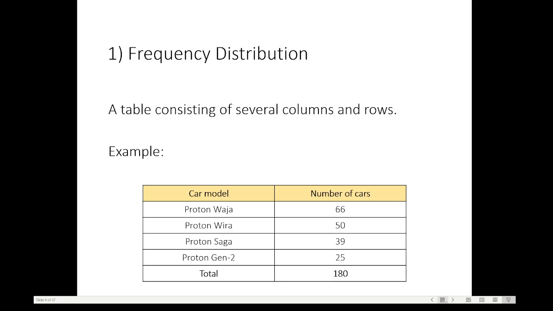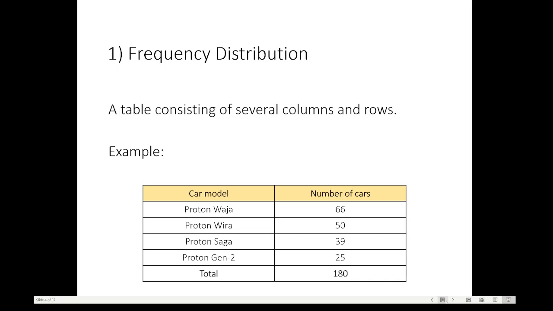Okay, the frequency distribution is a table consisting of several columns and rows. In this situation, normally we only have two columns in general, and of course we can extend based on these two columns.